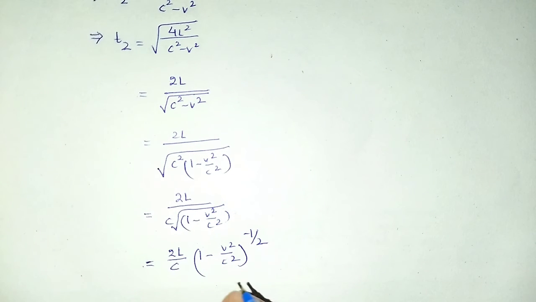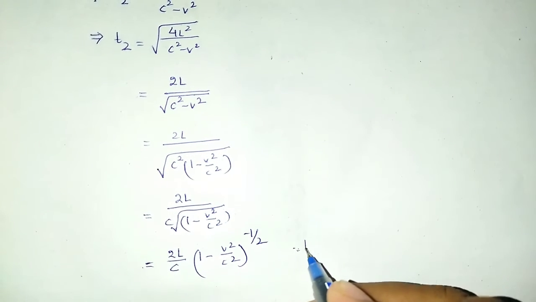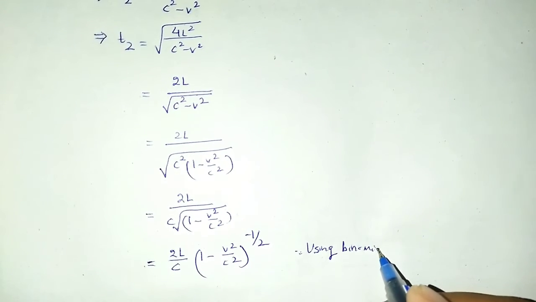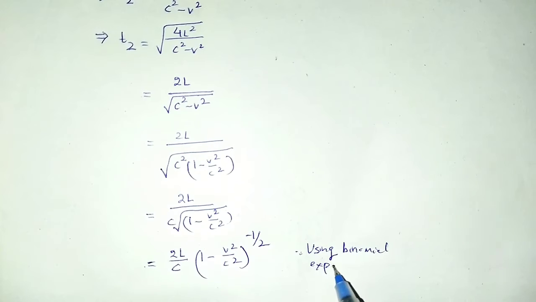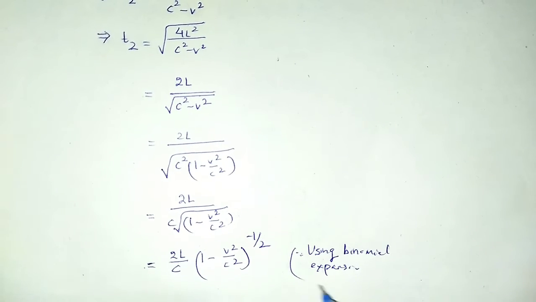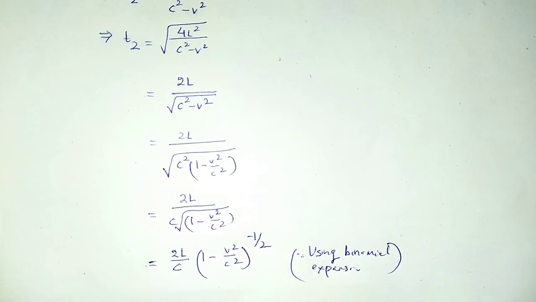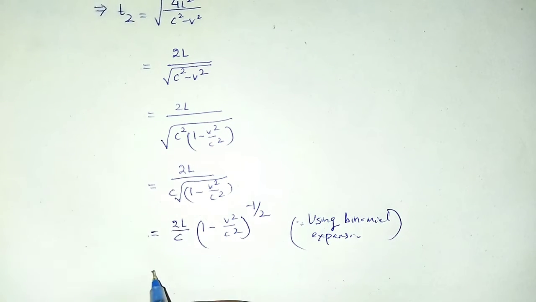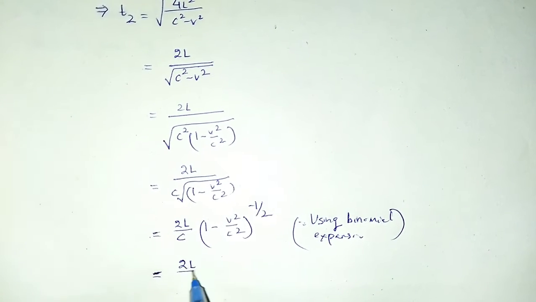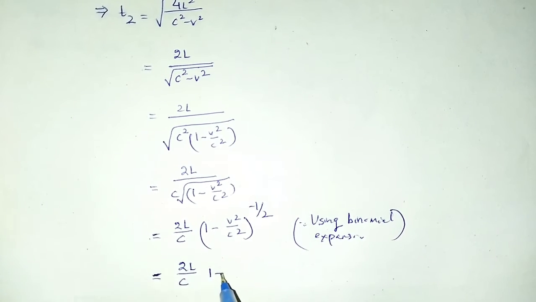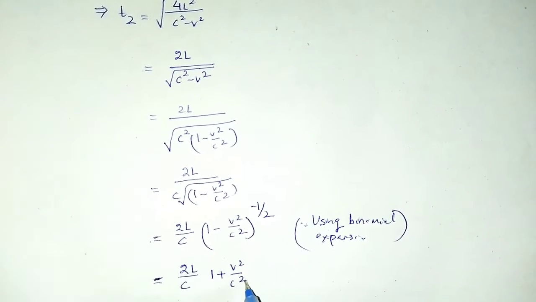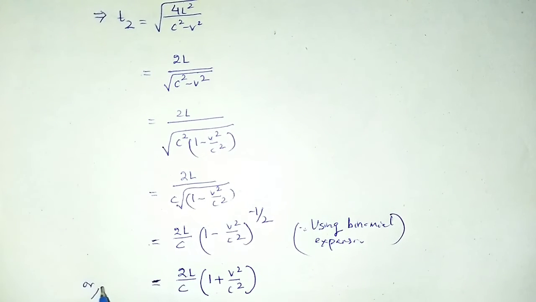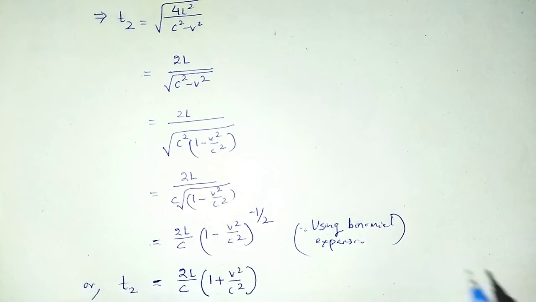Using the binomial expansion up to the second term, since all other terms are neglected being higher terms, that is 2L divided by c, 1 plus v square by 2c square, the value of T2.